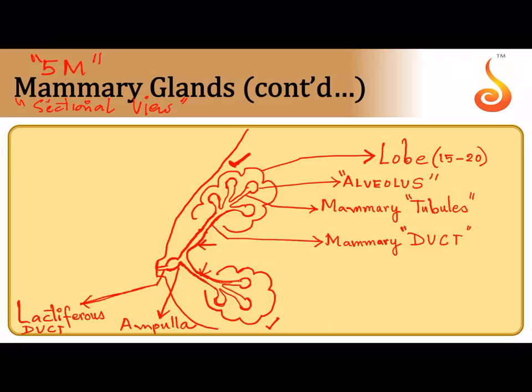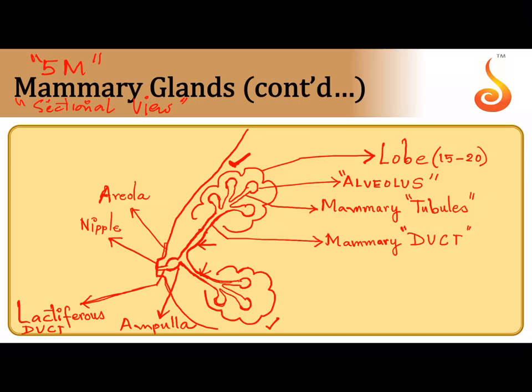This is the duct through which the infant draws the milk out. And where is it opening? It's opening on the surface of the nipple. And like I told you, the pigmented region of the skin around the nipple is referred to as the areola.